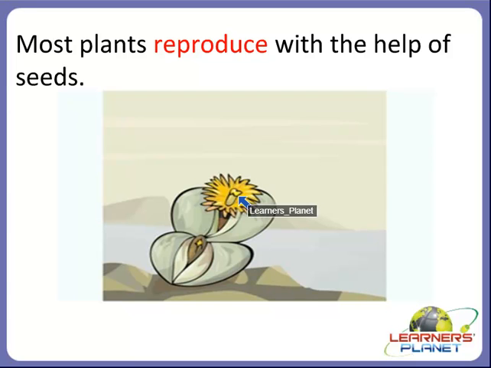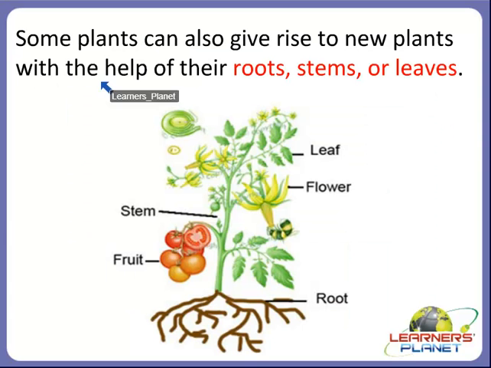And then a baby plant grows larger and larger and becomes a big plant. So children, some plants can also give rise to new plants with the help of their roots, stems, or leaves.